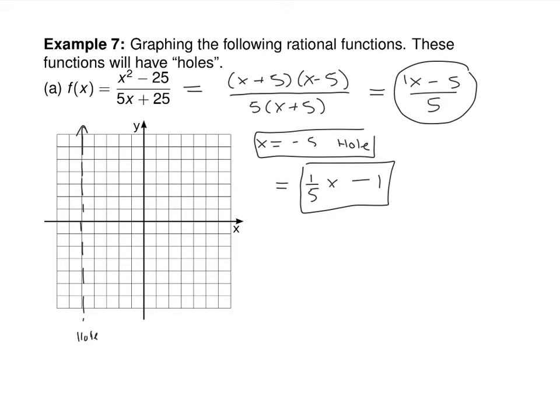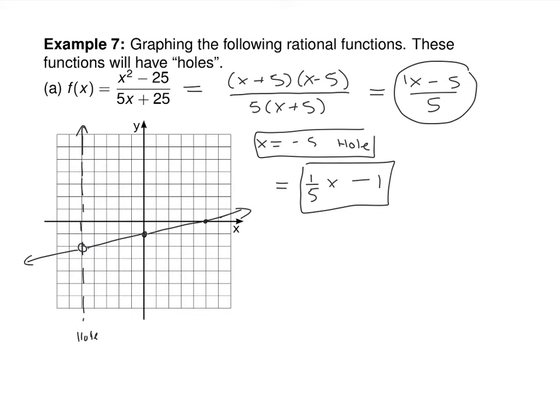And so now it's a line, y equals mx plus b. So where does this line begin? -1. And you rise 1, you run 5. Or you go down 1 and backwards 5, and as you cross that dotted line, you have to leave a hole. So this is a line with a little hole in it.